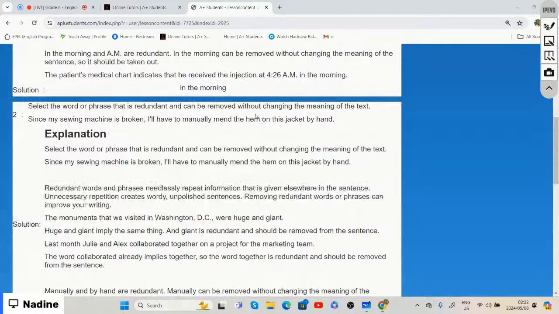We need to select the word or phrase that is redundant and can be removed without changing the meaning of the text.